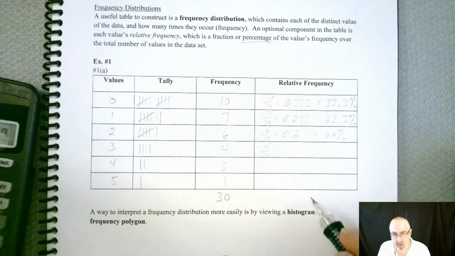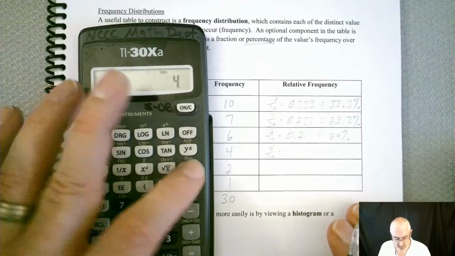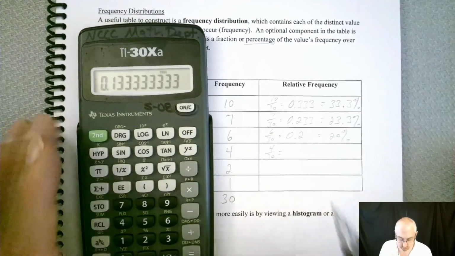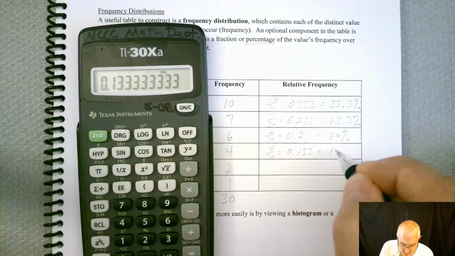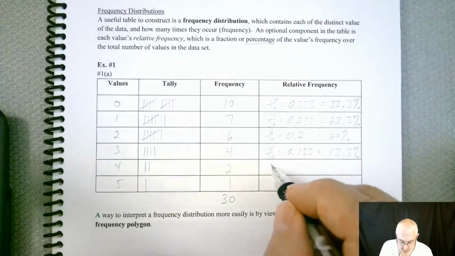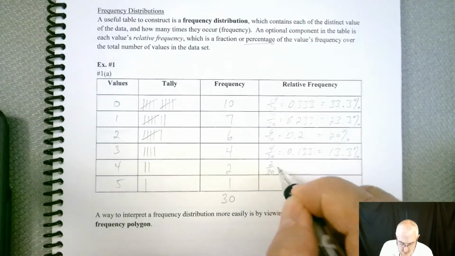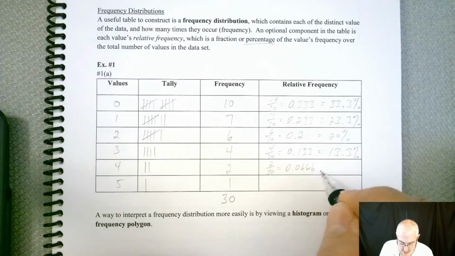4 out of 30. Again, let's make sure. 4 divided by 30 equals 0.133, so 13.3%. 2 out of 30, 0.06666666.